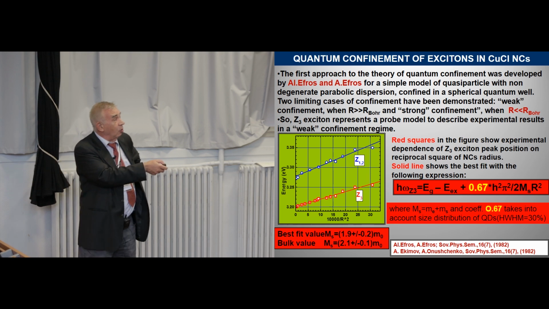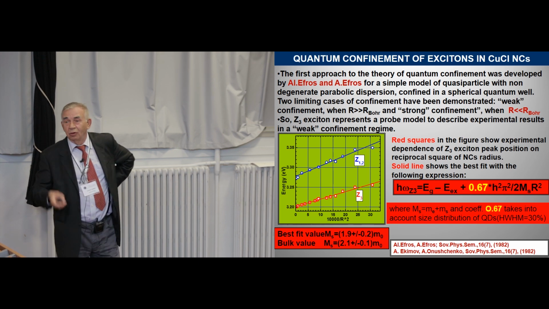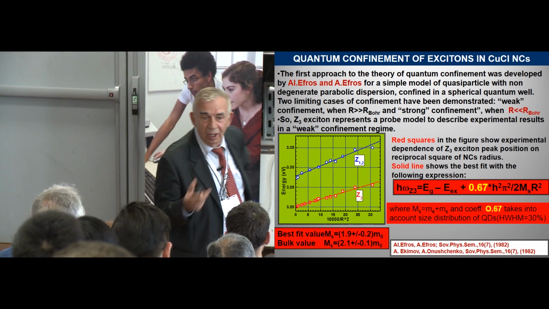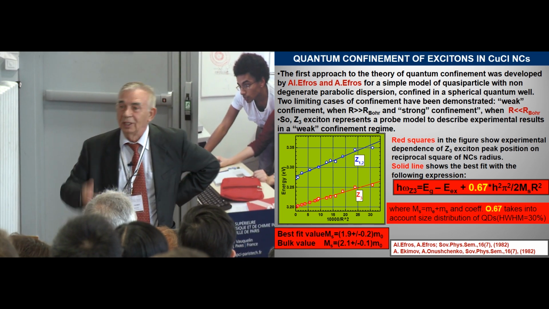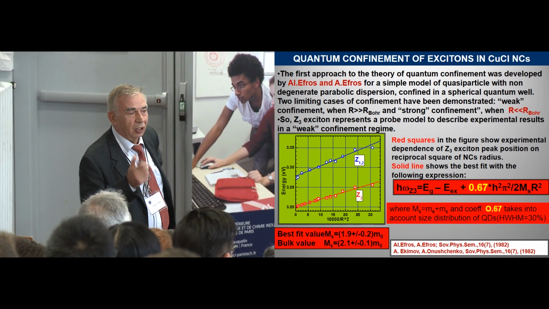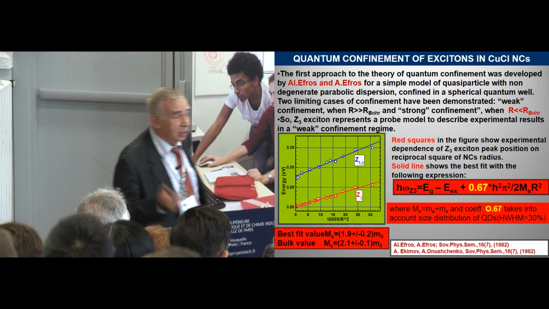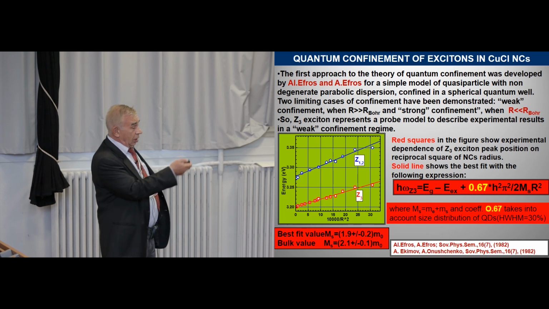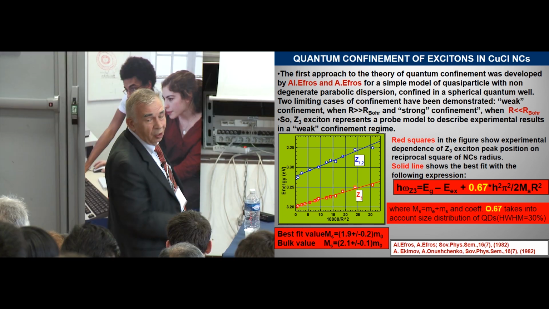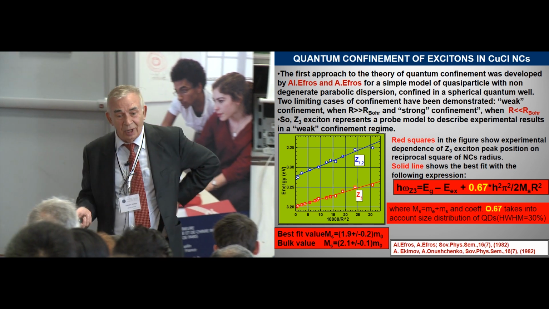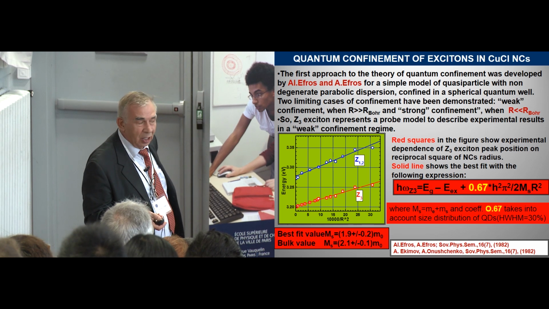And the bulk value is 2.5 plus minus 0.1. So we think that it's a good agreement, and we really decided, okay, at this moment, yes, this is demonstration of three-dimensional quantum confinement of an exciton. But still no idea about this line, because it does not fit with the assumption about a non-degenerate band.